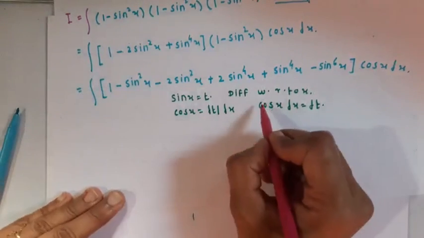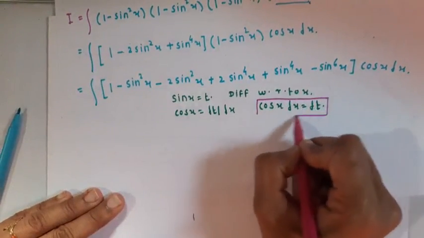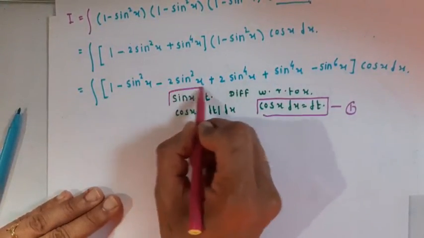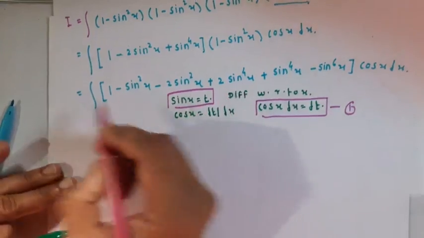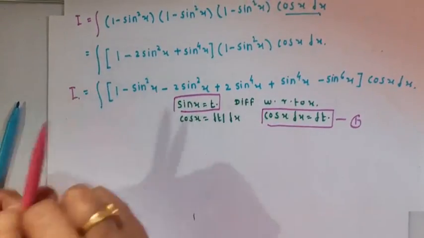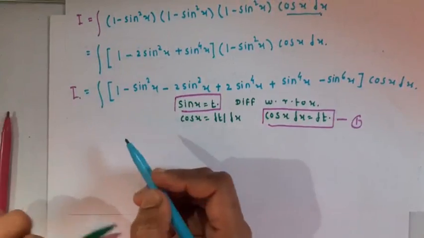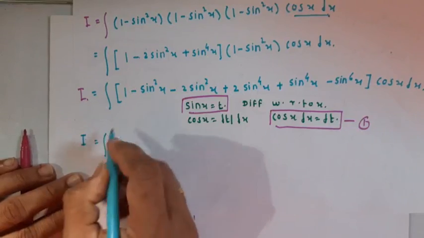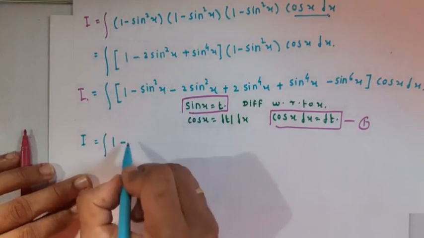Put this value, cos x dx equal to dt, in the above integration I, and sin x equal to t. Now integration I equals 1 minus sin x is t.